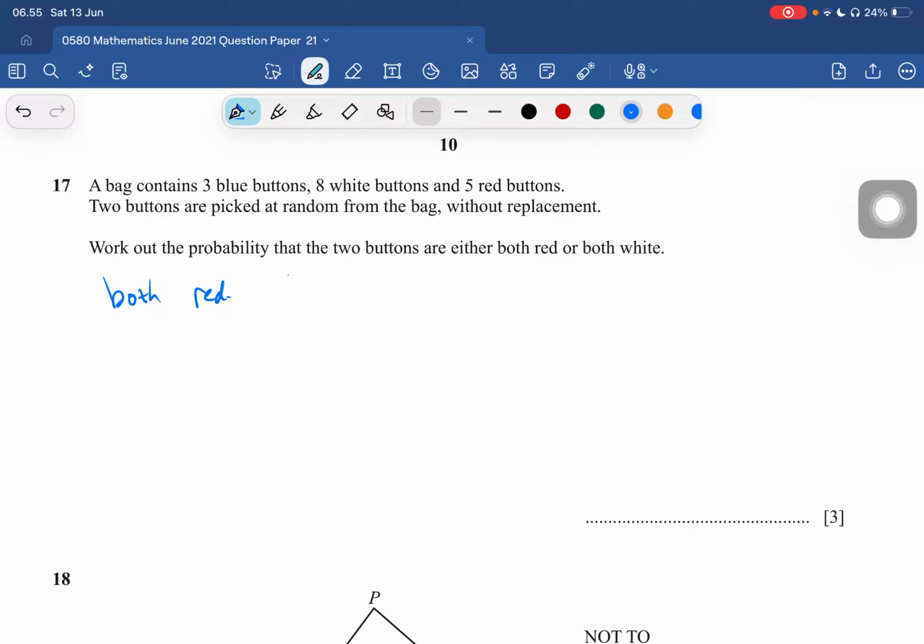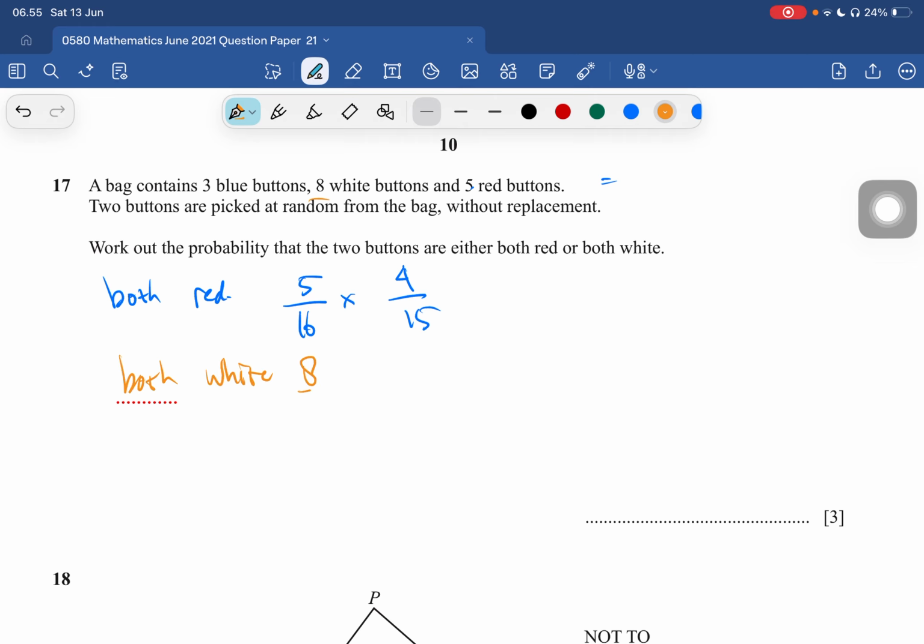Red we got 5 first, over the total: 3 plus 8 plus 5 is 16. Multiplied by, we take out 5, so 4 remaining, over the total 16 take out 1, so this is 15. Next is both white.